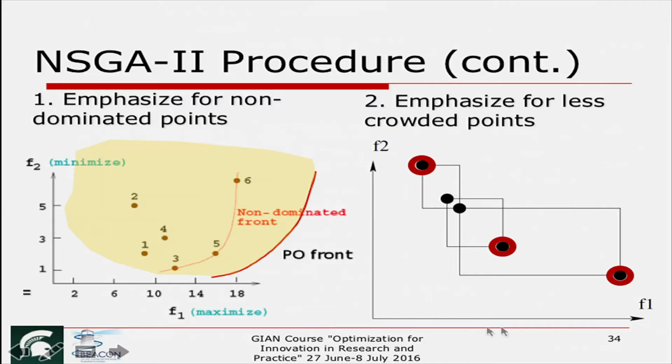No. Every objective is normalized independently. I need F1 min and F1 max, and I normalize F1. So this has a 0 value, this has a 1 value. Then I go to F2 and I normalize it, the minimum value of F2 becomes 0 and the maximum of F2 becomes 1. If I have F3, I do the same thing. If I have F100, I do the same thing.